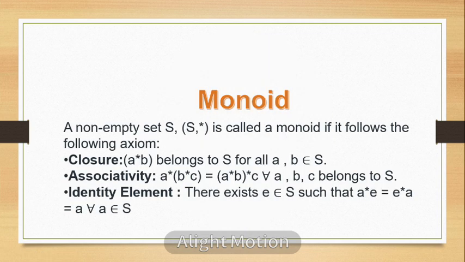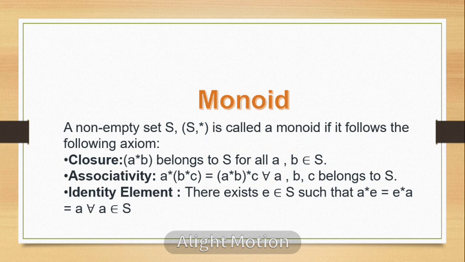After understanding a semigroup, the next topic is a monoid. It says a non-empty set S, represented by S star, is called a monoid if it follows the following axioms: closure, associativity and identity element.